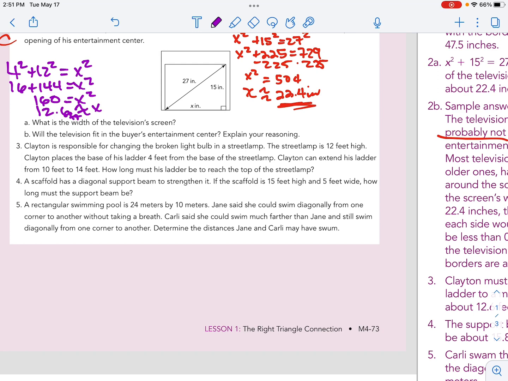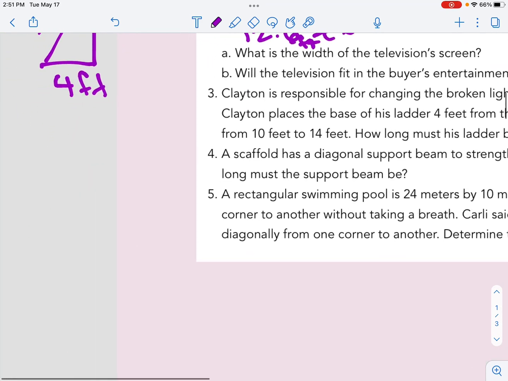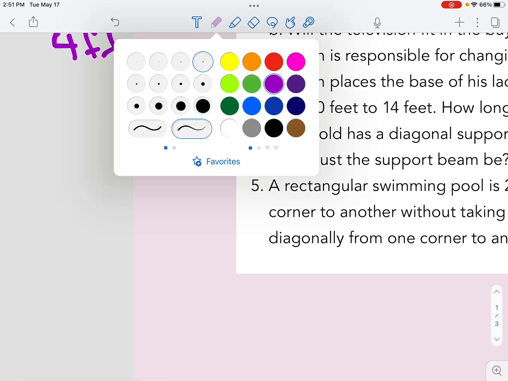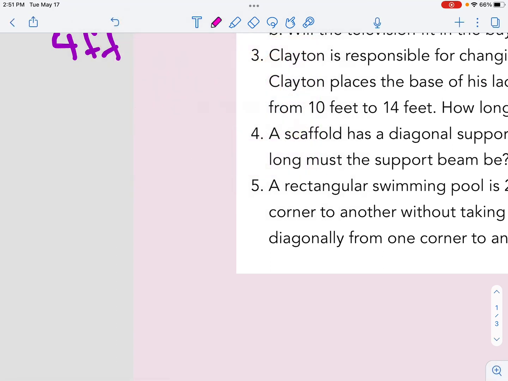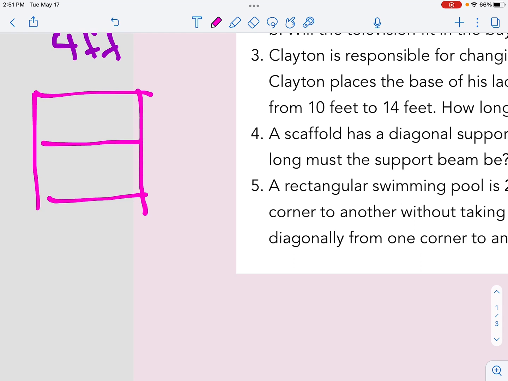Okay, a scaffold has a diagonal support beam to strengthen it. If the scaffold is 15 feet high, okay, so we're going to build a scaffold, like the scaffolding that's on the side of a building. It kind of looks like that, and you stand on it.